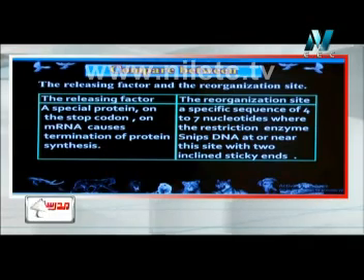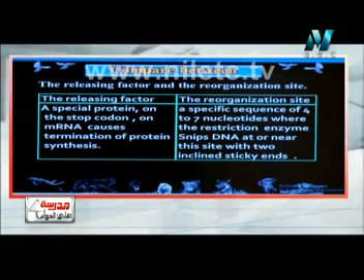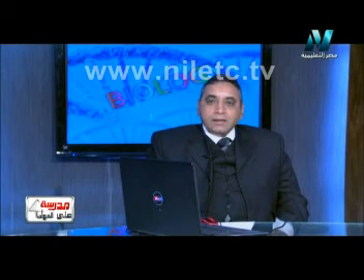So that means the restriction endonuclease enzyme cuts DNA at a certain piece which is called the recognition site. In this site, the restriction enzyme cuts DNA into pieces with 2 inclined sticky ends.